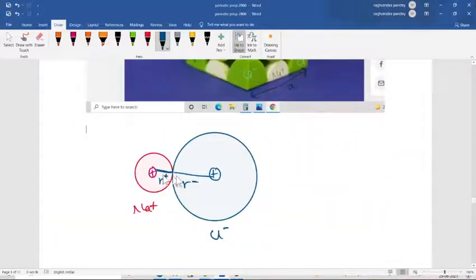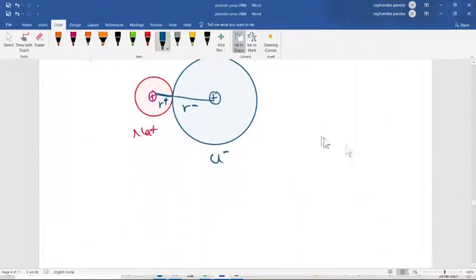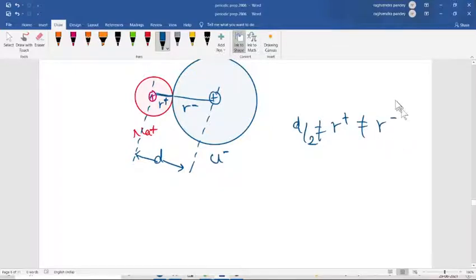So this is the distance. Now here we measure the cation and the anion radius by different means, by X-ray and all these things. Suppose this is the internuclear distance d. Then d by 2 is not equal to the radius of the sodium ion, and it is also not equal to the radius of the chloride ion.